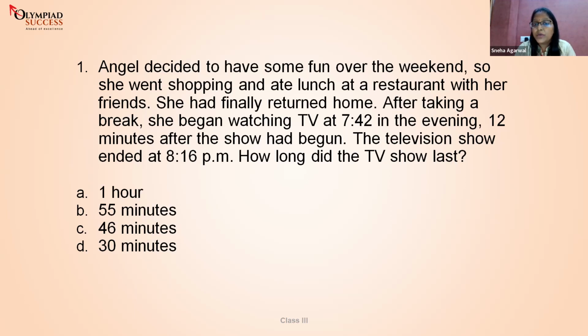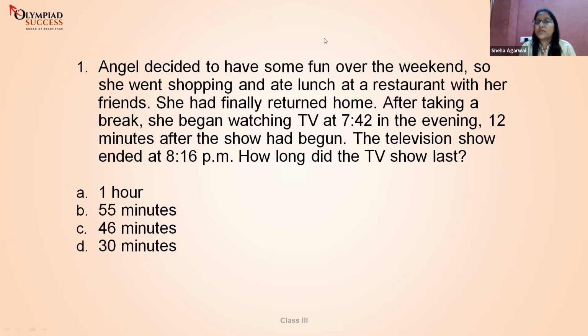So now you can know at what time the show started, because she already missed 12 minutes, right? She started watching TV at 7:42 p.m. and by then 12 minutes of the show were already gone. Okay, so she already missed those 12 minutes. That means the show started at 7:30, right?